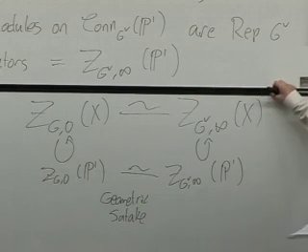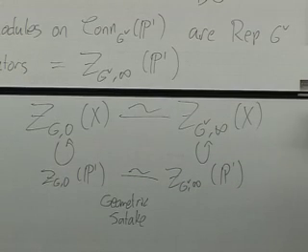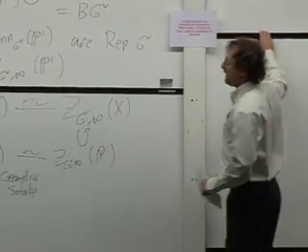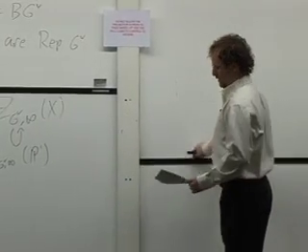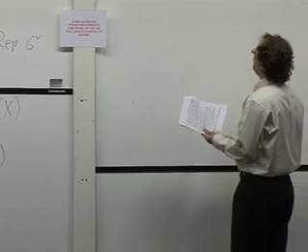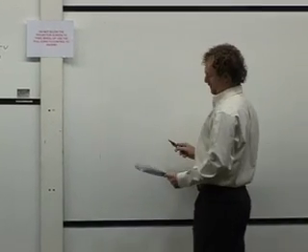Okay. Are there questions so far? Okay. So now what I'd like to do today is explain how exactly this picture can be seen from the point of view of topological field theory.